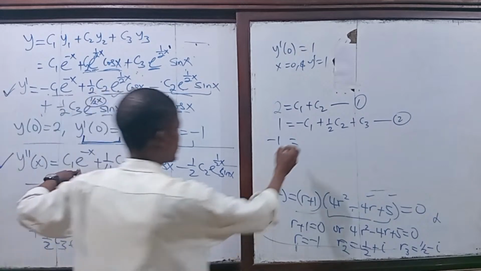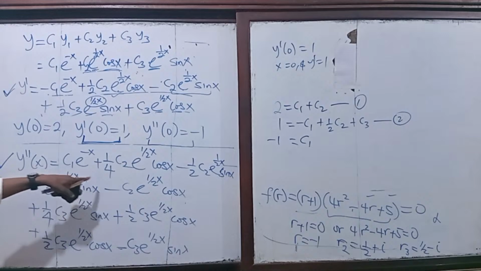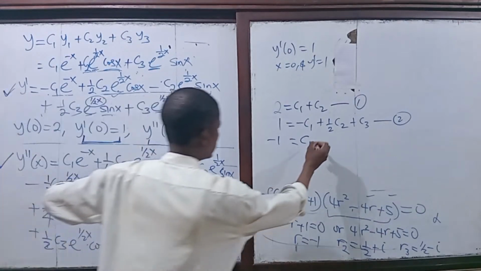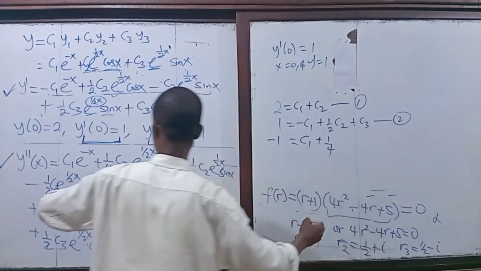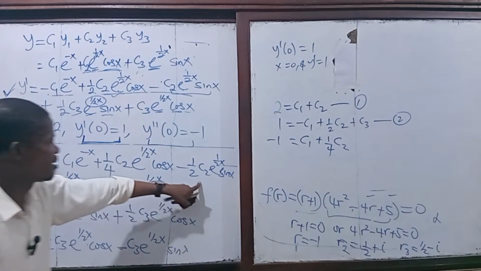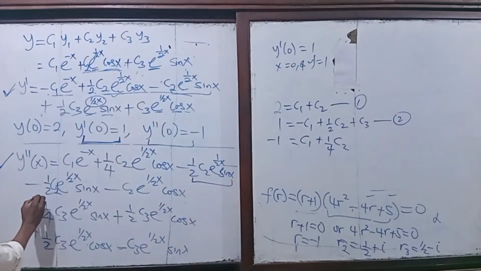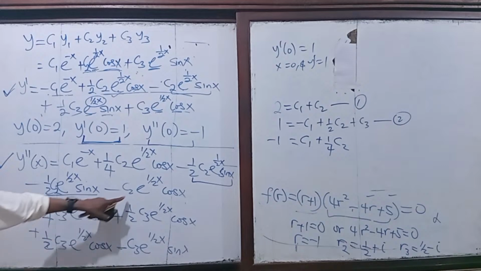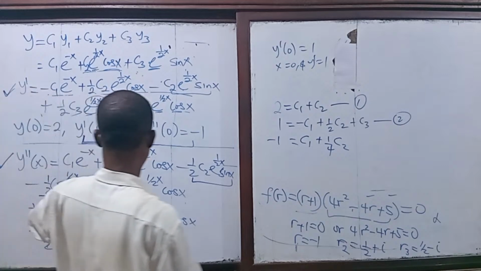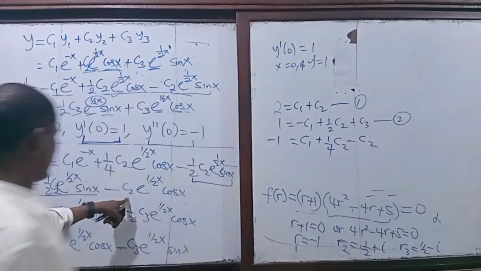That's C1. Here, that will be plus 1 over 4 C2 plus 1 over 4 C2. Here, sin 0, so this one cancels. That's 0. This one also cancels. Okay, so we have what? We have minus C2 in that place.